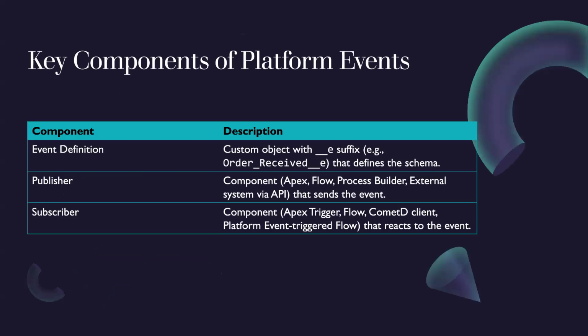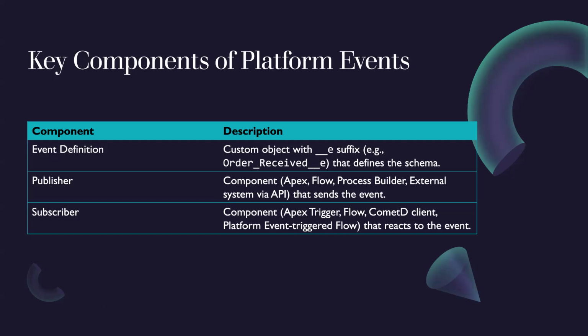Moving on, let's understand the key components of platform events. The first one is event definition. As I told you earlier, just like custom objects, you can create platform events. The suffix will be underscore e.